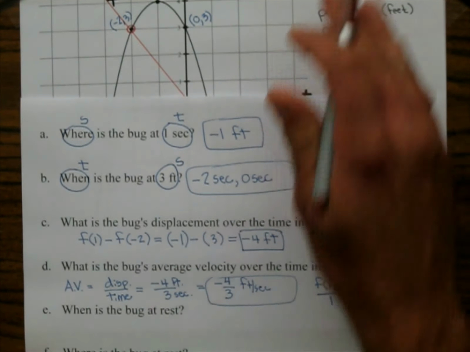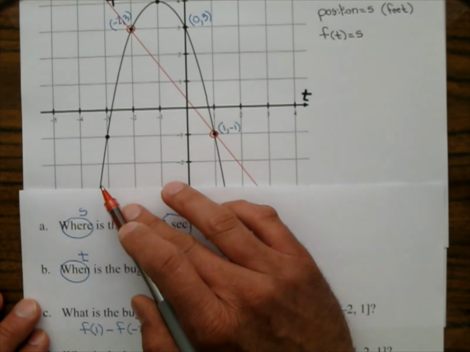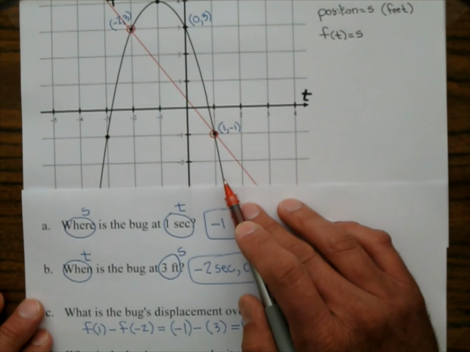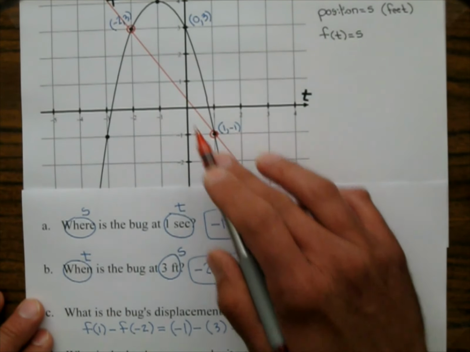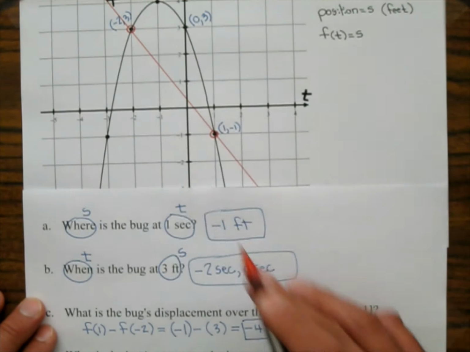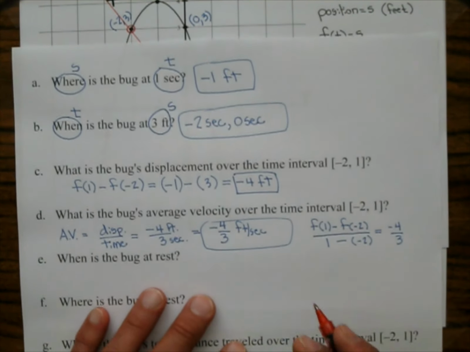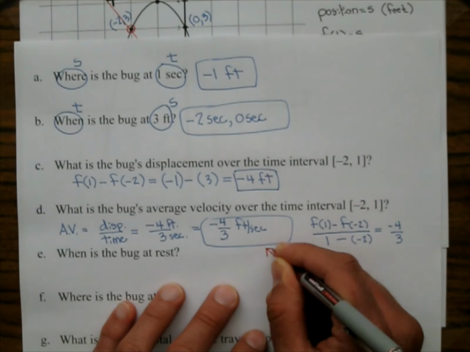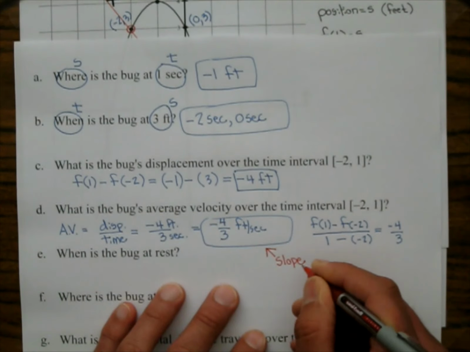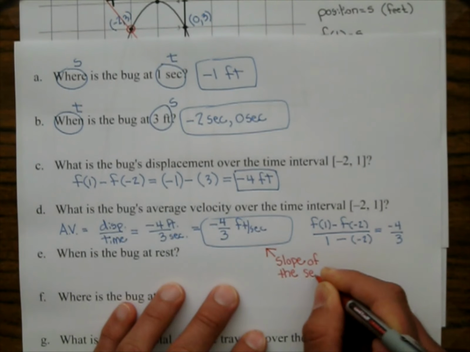So what significance is this? If you're given the picture of a position function and you want the average velocity, physically it's the slope of the secant line going through those 2 points. So let's go ahead and label that. This guy right here is the slope of the secant line.